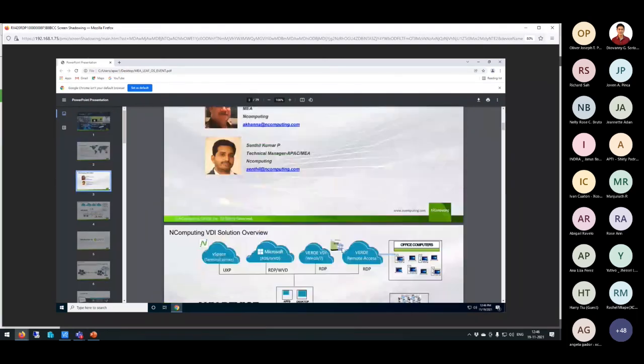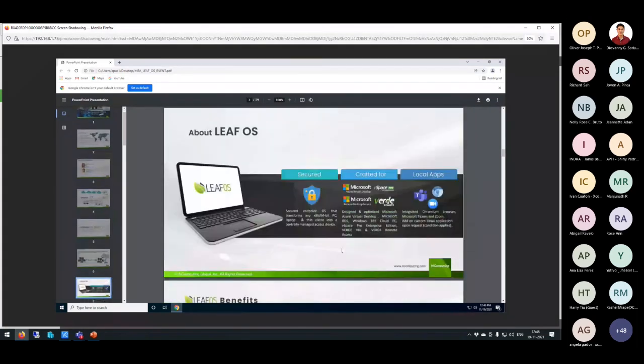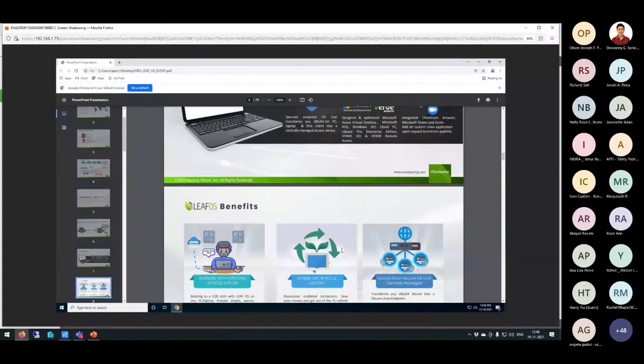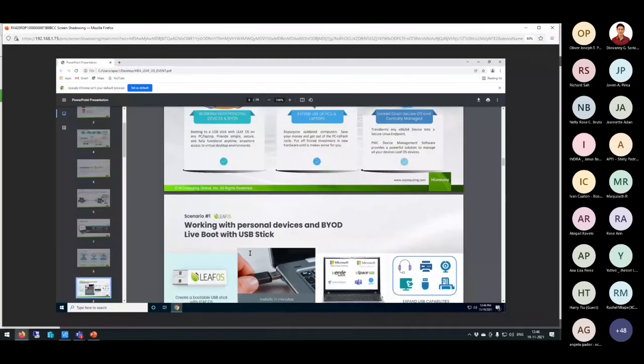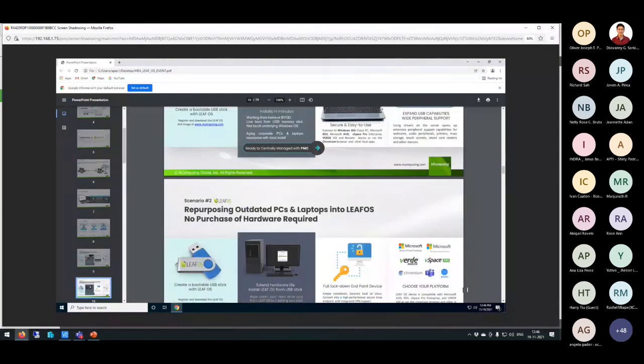This is the experience, even though my session is connected over a VPN session. Still, you can see the performance when I scroll down is very quick and fast. I'll just close this.